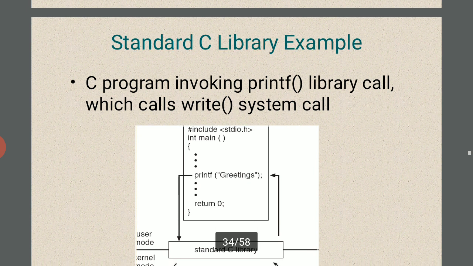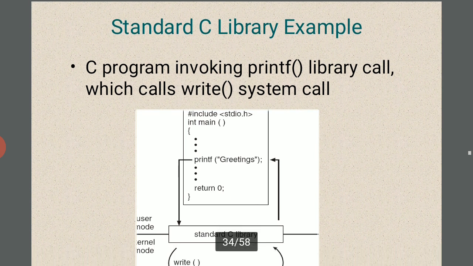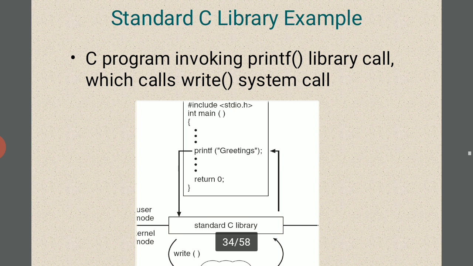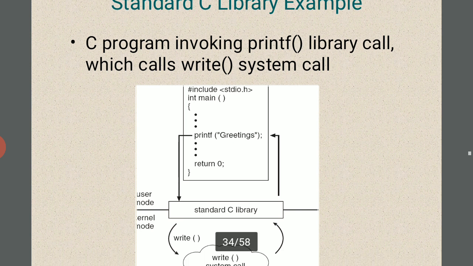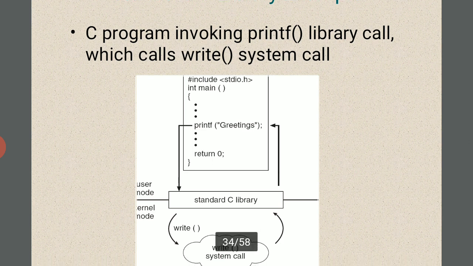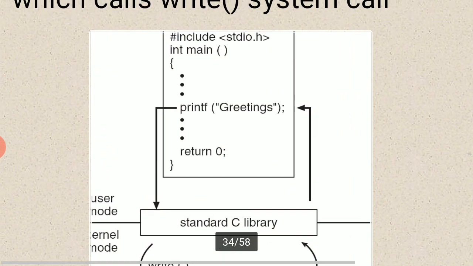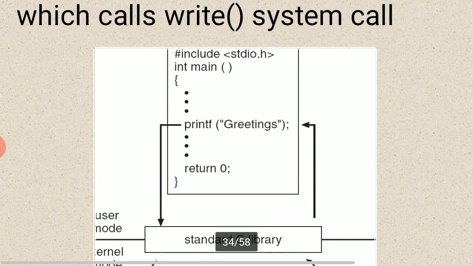The standard library example: a C program invoking the printf library call, which calls the write system call. The C program has #include stdio.h, meaning standard input output header file, then main, which prints greetings and returns 0.